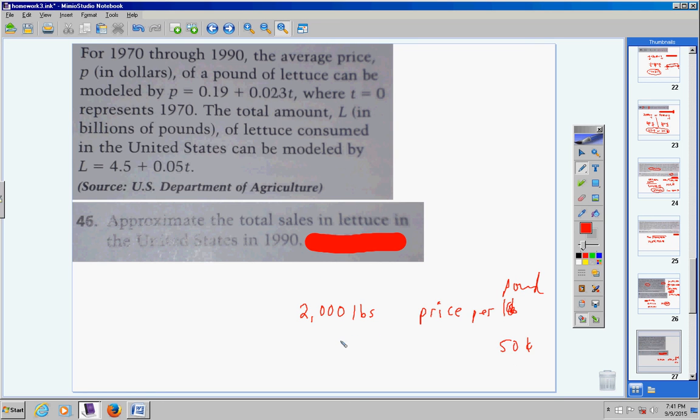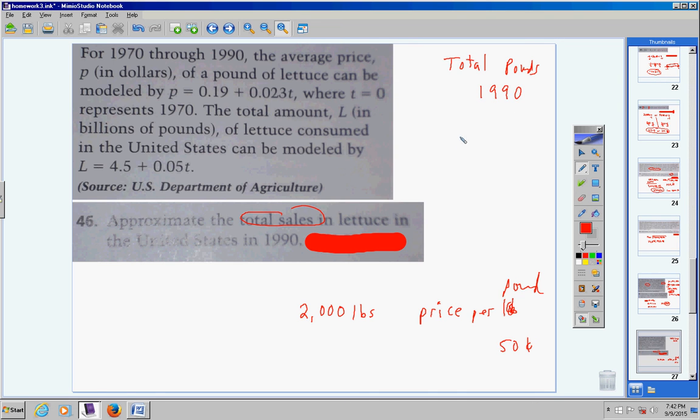Let me say that again. If you know the total pounds that were sold, 2,000 or consumed, whatever, 2,000 pounds, and you knew the price per every pound is 50 cents, that means 1 pound is 50 cents. Then you take 2,000 pounds times 50 cents and you'll have the total sales. So it seems like to me I have two goals. I must first find the total pounds that were consumed in what year? 1990 is what it says right here.